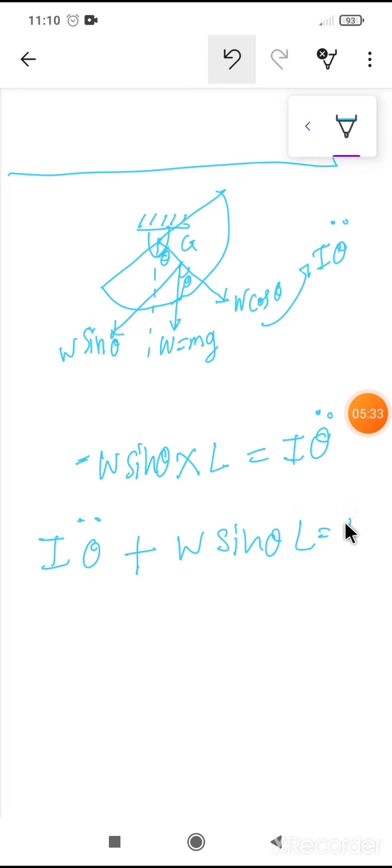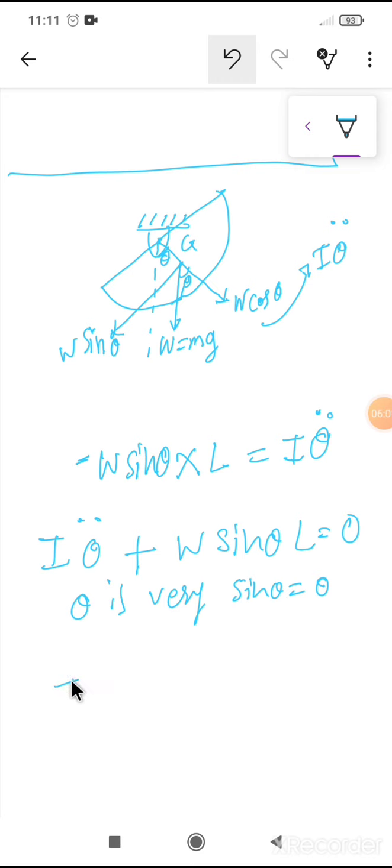is equal to 0. Now as we know, when theta is very small, we can take sin theta equal to theta. And here also we will put the value of L, which is 4r by 3 pi, but we'll keep that for afterwards.